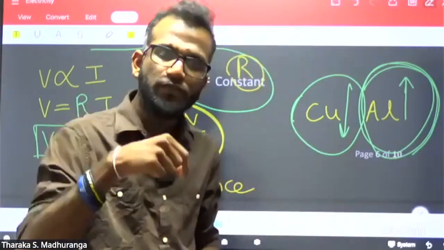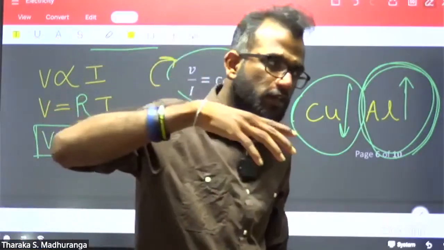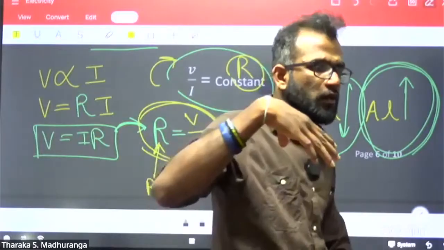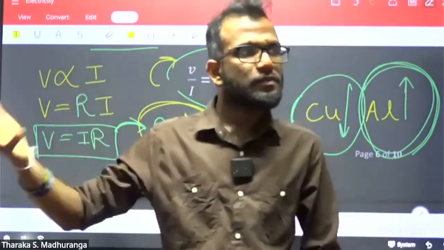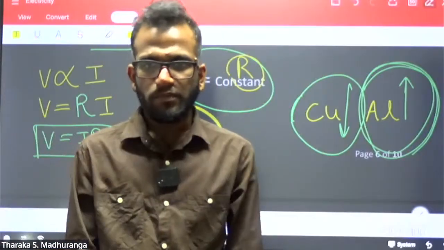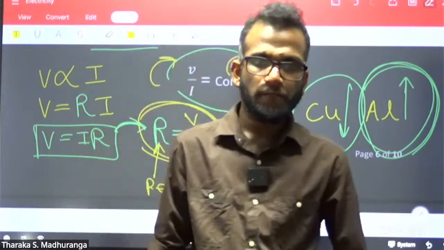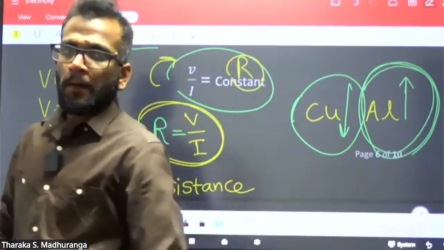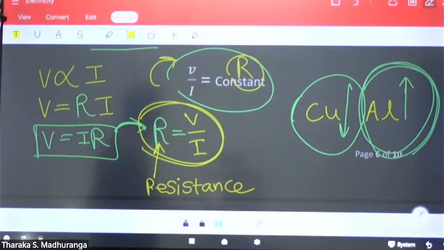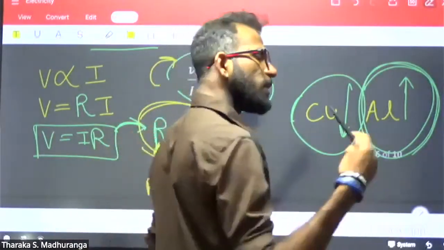Aluminium has a specific resistance value, copper has another specific resistance value, silver has another resistance value, and sodium-like metals have another resistance value. It depends on the material type. Okay, very good questions. Any other question up to now?